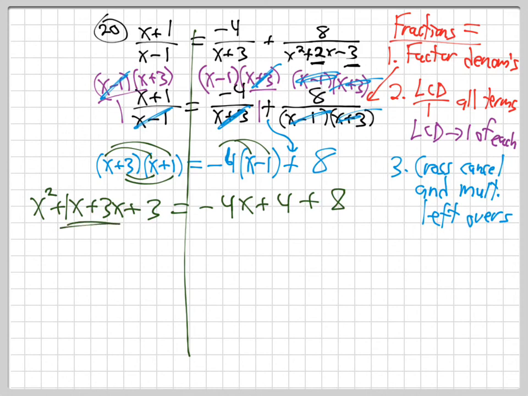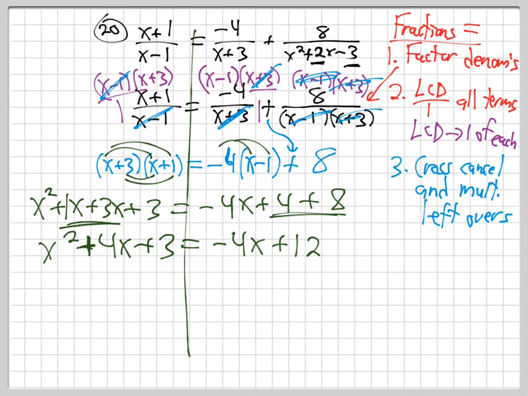Let's gather some like terms. These two. So x squared plus 4x plus 3 minus 4x plus 12. Especially these two sections, you want to have super clear in your mind two game plans. If a root shows up, get it alone 2 power.